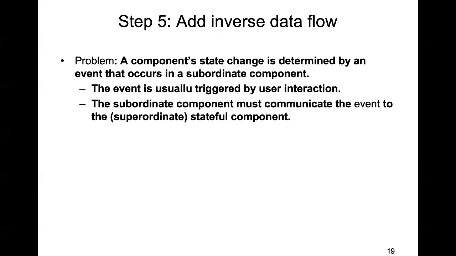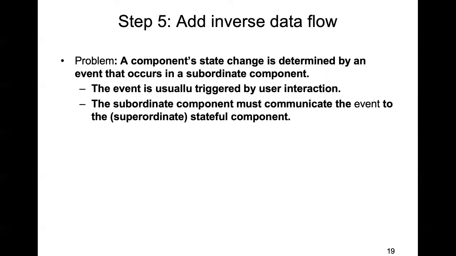And if you remember, inverse data flow is all about where the current value of the state variable in a stateful component is determined by an event that occurs in a subordinate component.